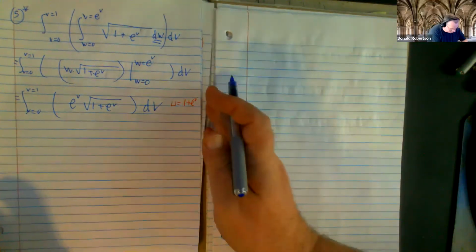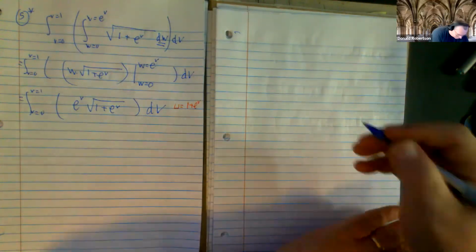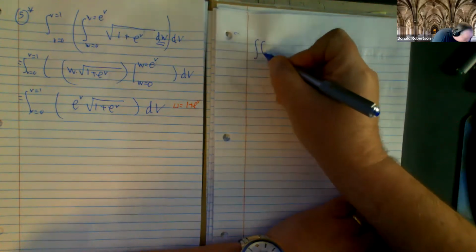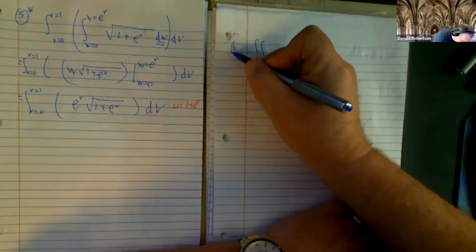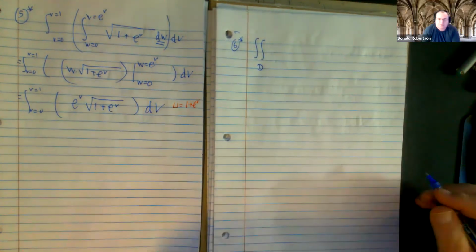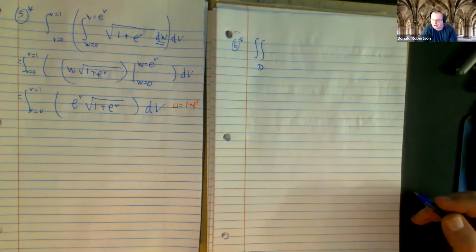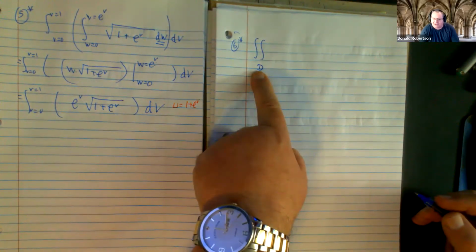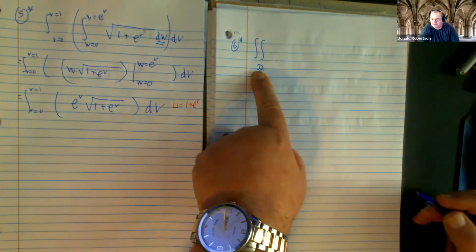Now let's generalize it just a little bit more. And this is a version of 6. We're going to do a double integral over D. I guess R is for rectangle. Now they're using D. I mean, you could call that B, C, L, anything you like. It's just a thing.